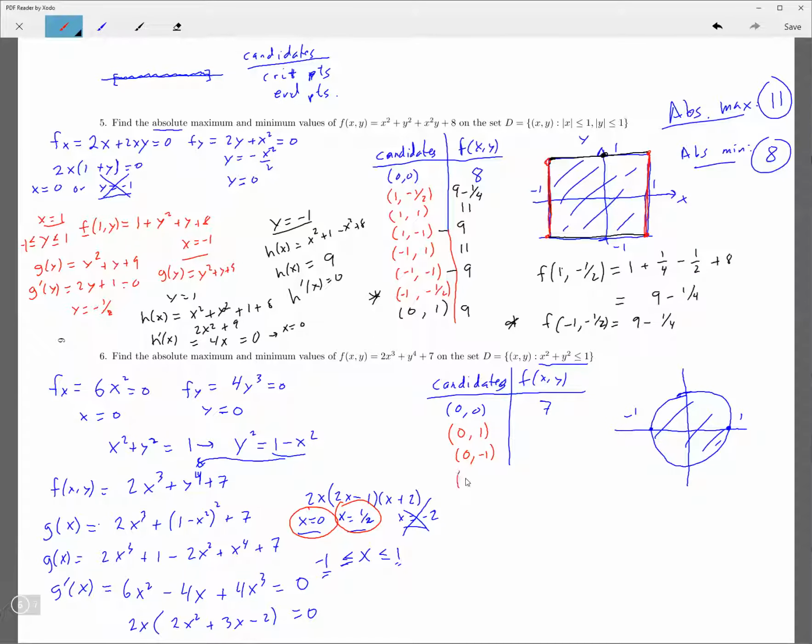And then x could be 1/2, and if x is 1/2, that means y would have to be the square root of 3/4.